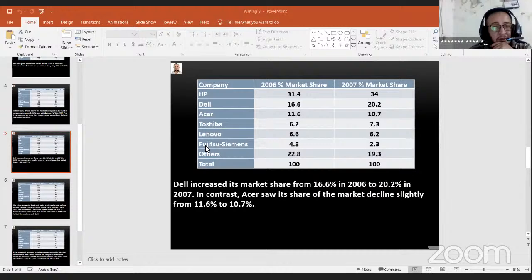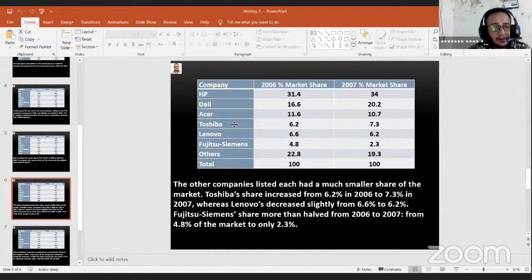Toshiba, Lenovo, Fujitsu Siemens, and you have others. We will firstly talk about Toshiba, Lenovo, and Fujitsu Siemens. The first thing we do is that we need to see decreased. There is an increase in Toshiba's, and there is a decrease in Lenovo's and Fujitsu Siemens. So what we do is that we put the increased ones alone, then we follow that by some contrastive expression with the decreased ones.